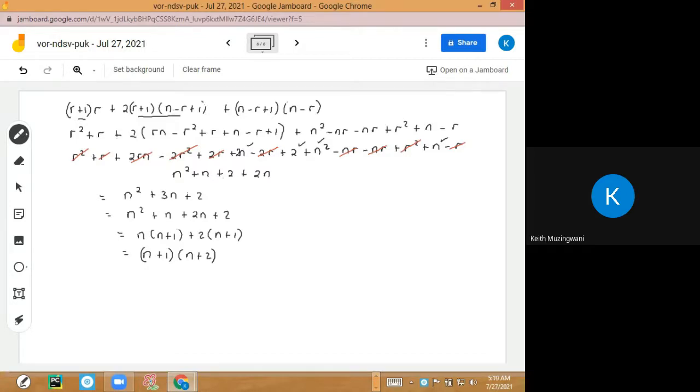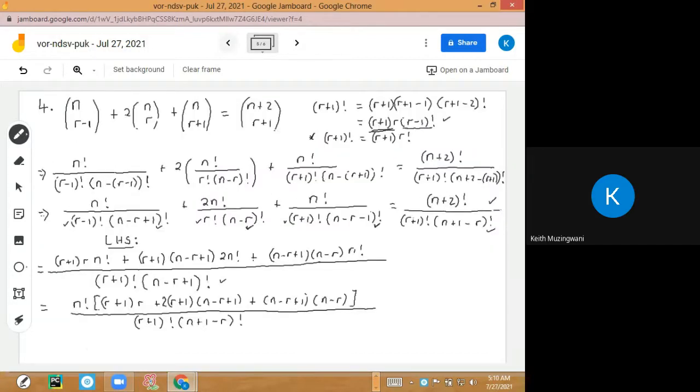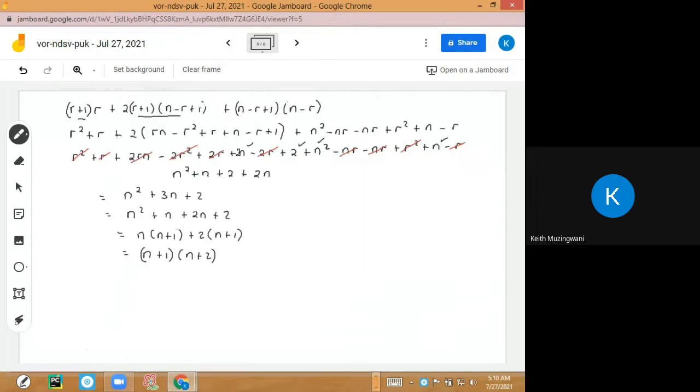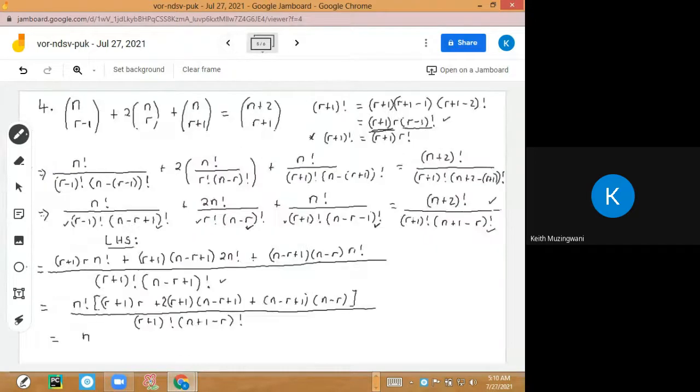So when we go back here, the inside, we'll write it in the form n plus 2, n plus 1. So same thing, we'll have n plus 2, n plus 1, n factorial over r plus 1 factorial, n plus 1 minus r factorial.